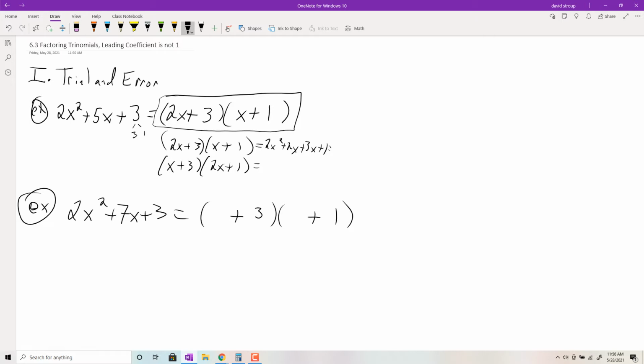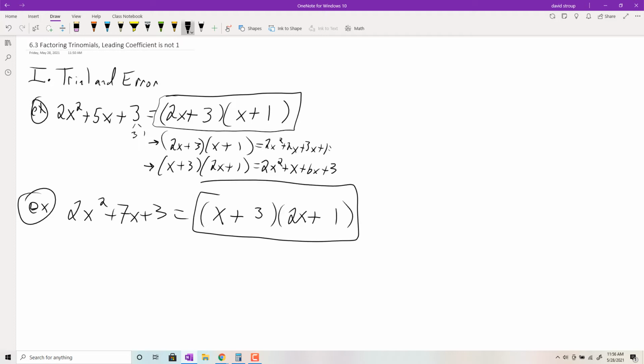We already did this problem above. It's not going to be this factorization. It'll be this one, right? Because this one is first 2x squared, outer plus x, inner plus 6x, plus the last 3 times 1 is 3. So this would be 7x in the middle, and that gives us what we want. So this is x plus 3 and 2x plus 1.